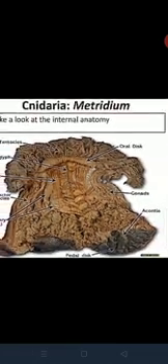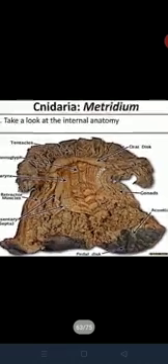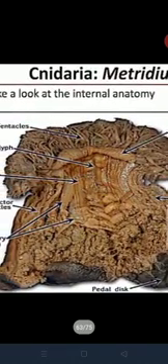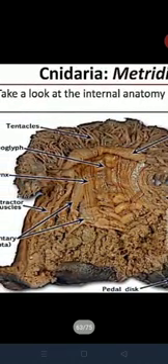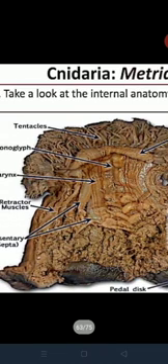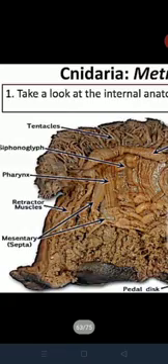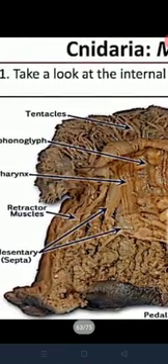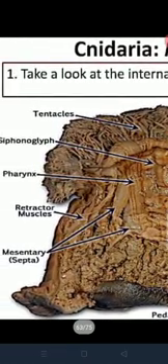Then the main part is tentacles. The many finger-like projections at the oral end are called tentacles. And the body partitions or septa inside the sea anemone are called mesenteries. What is a mesentery? A sheet-like partition present inside the body cavity of sea anemone is called mesenteries.